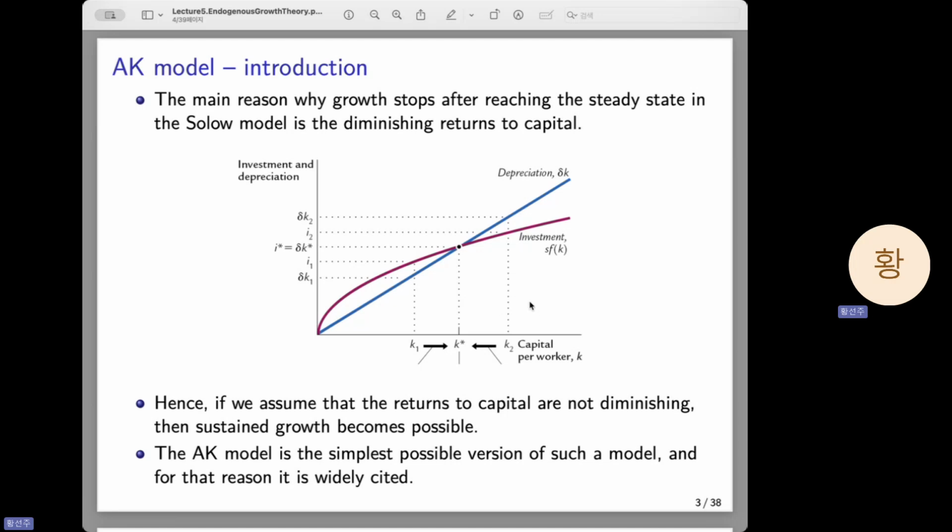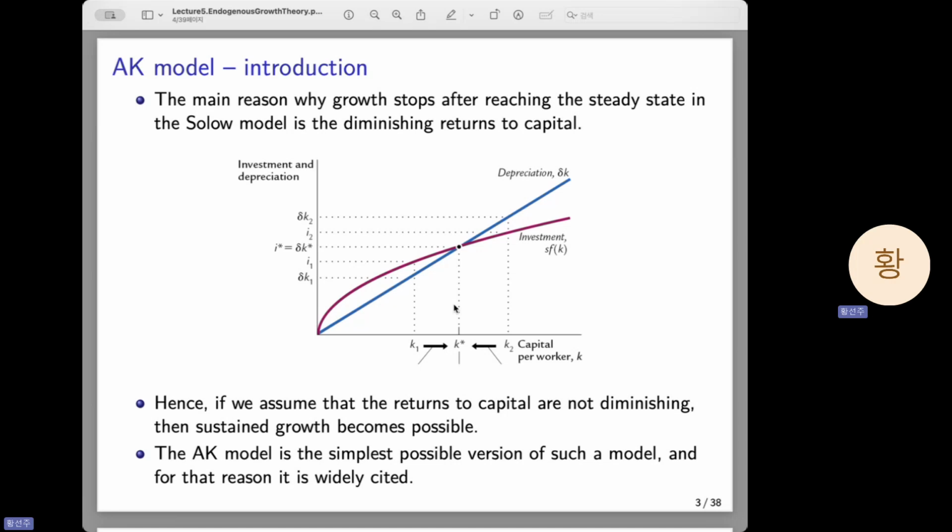However, when K is above K star, the steady state level of capital, depreciation exceeds investment. So capital declines and falls back. So eventually, the economy settles at K star.